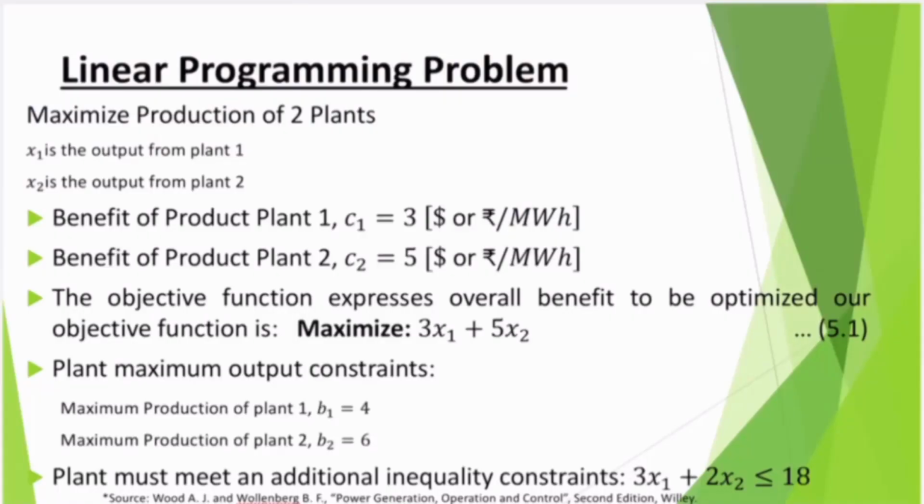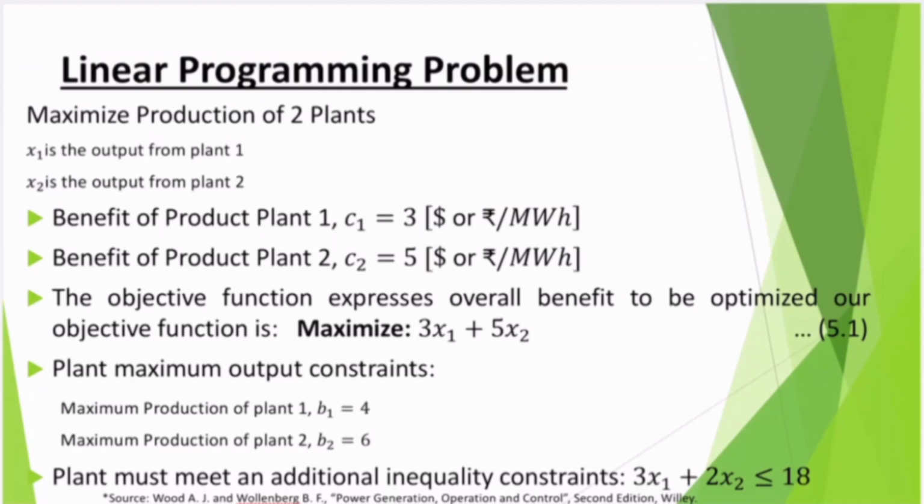Now, first of all, when I talk about a linear programming problem, we'll try to understand a very simple example. If I'm interested to maximize the production of two different plants, or I have to minimize the cost of two power plants, then we need to express those in the form of equations.